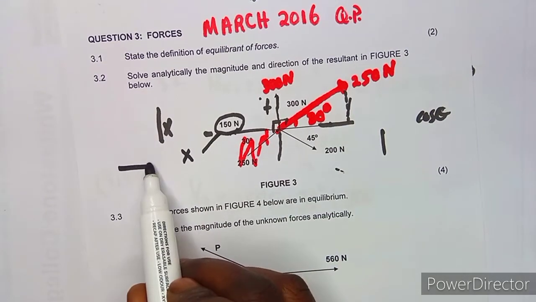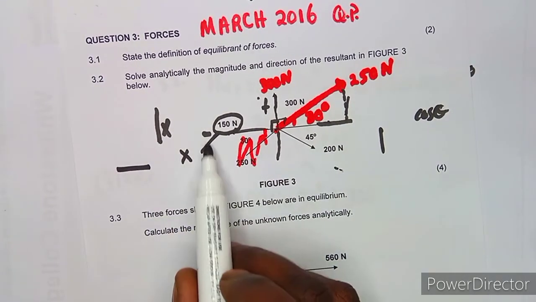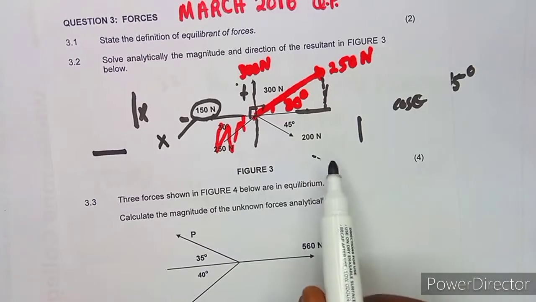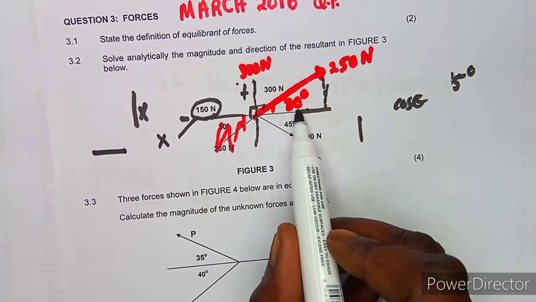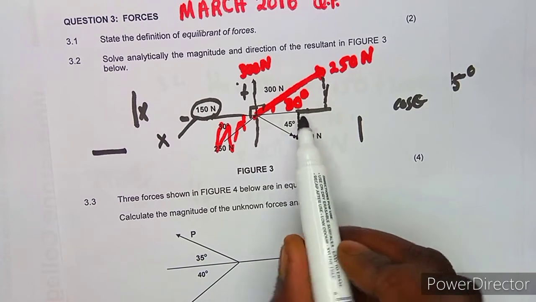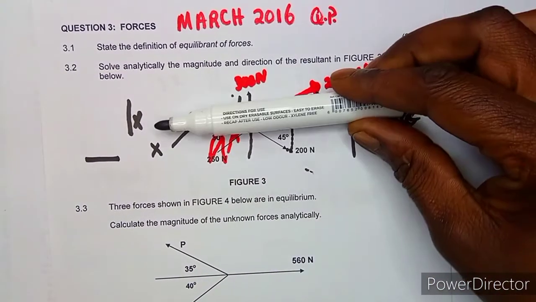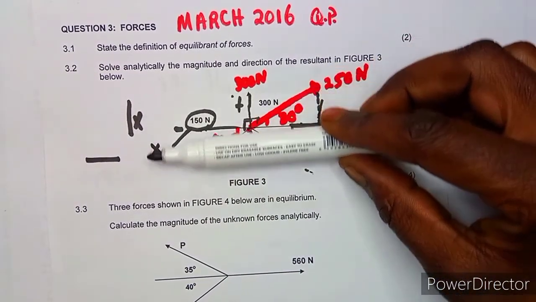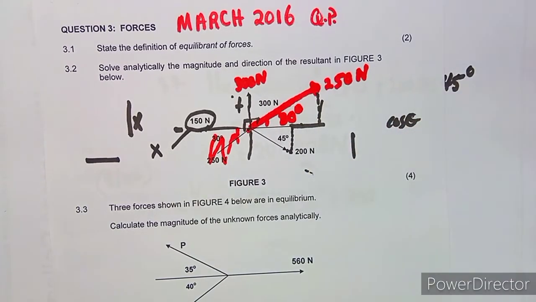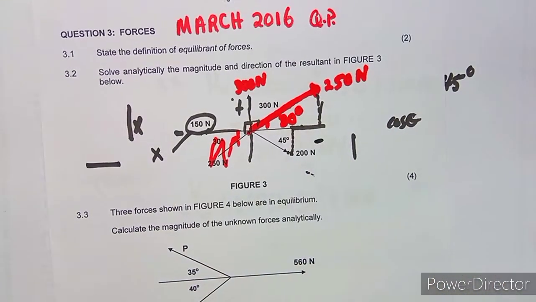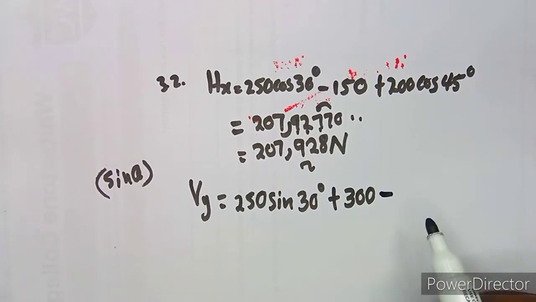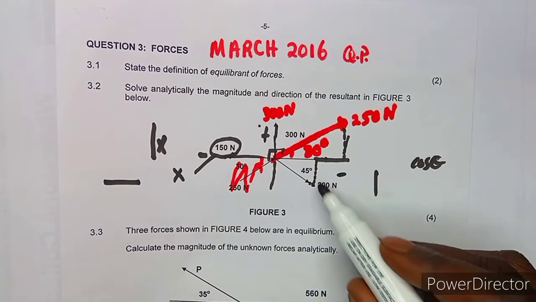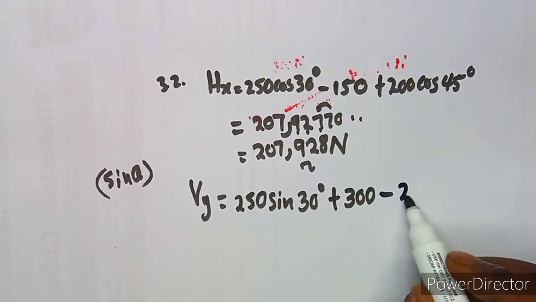Never. It can't change to be a vertical, so it's totally out. Then we take this one. Yes, it's a vertical, but take a closer look: it's below the horizontal line, so it's a negative. So it will be negative 200 sine 45 degrees.